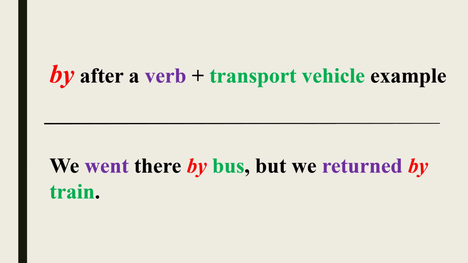Here, went and returned are verbs, while bus and train are transport vehicles. The preposition by is used after the verbs went and returned. Went by bus, returned by train.